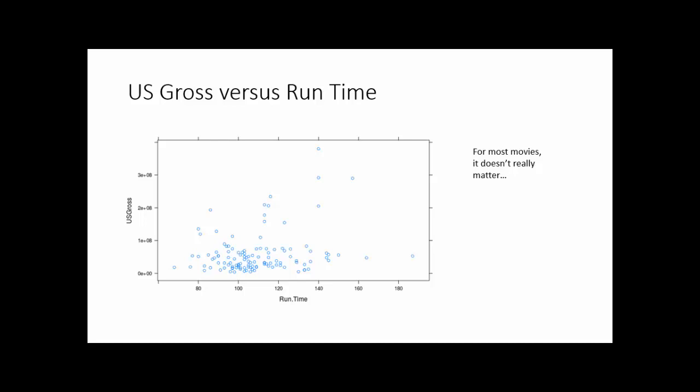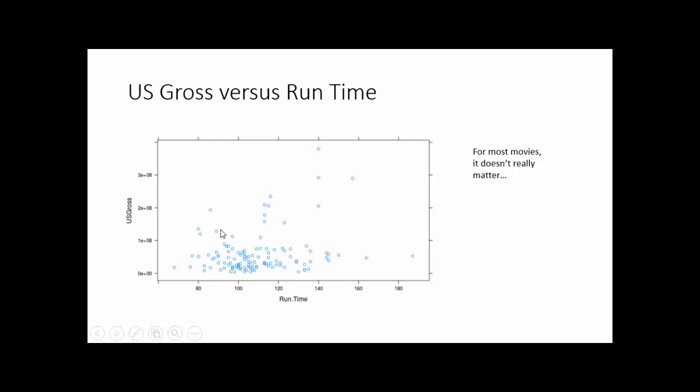But there is this interesting phenomenon showing up. There's sort of this cluster of movies, this group here, that, if I deleted those, just the bulk of the movies down here are pretty clearly flat.